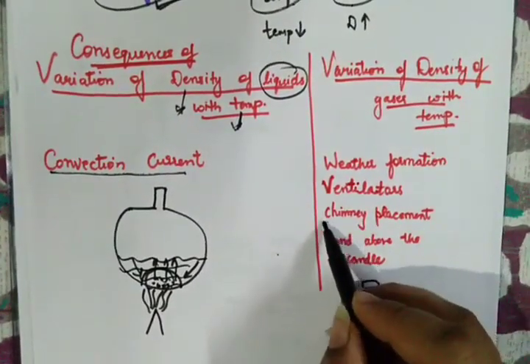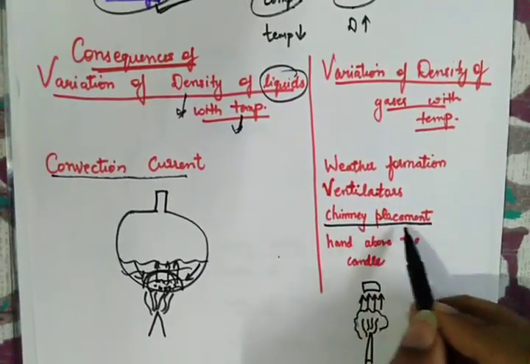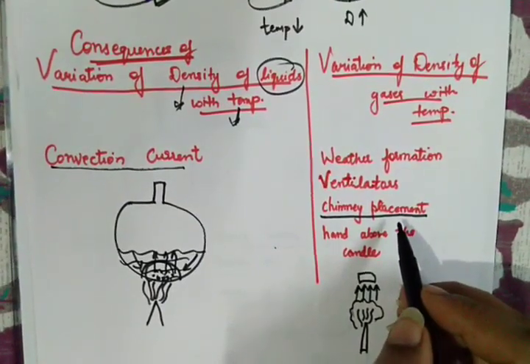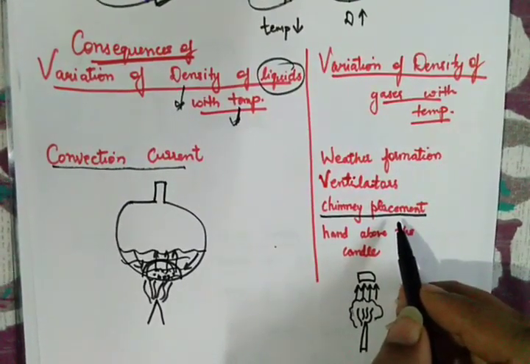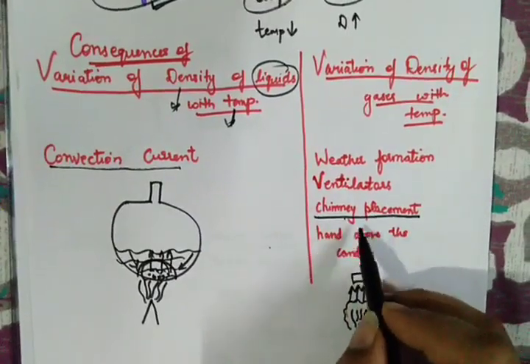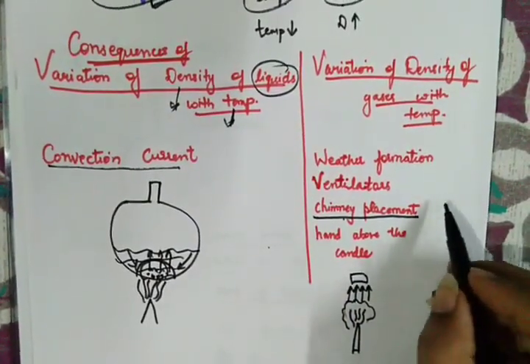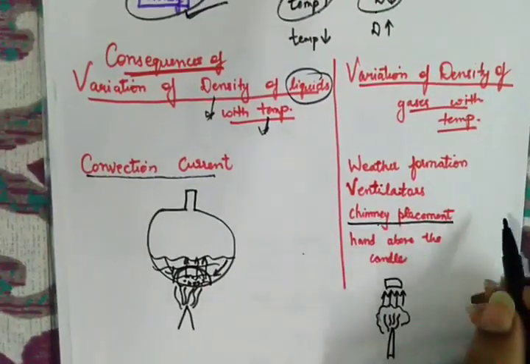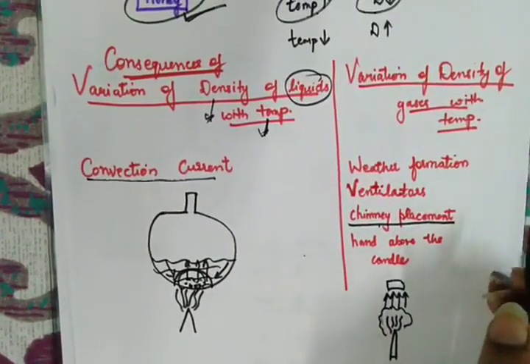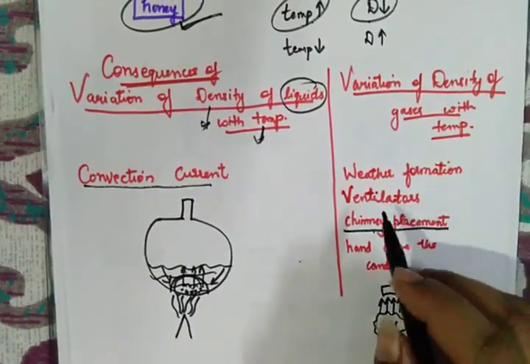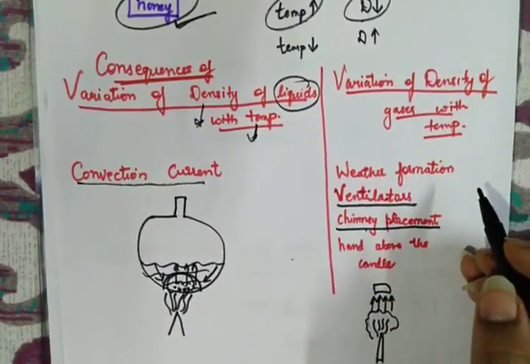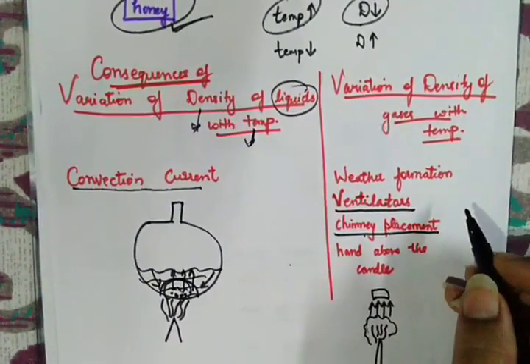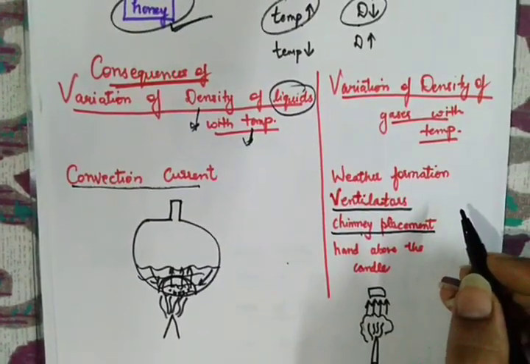For this reason only, when we are having our chimneys in the kitchen, it is always placed exactly above the gas stove. Where your gas stove is, and when you are cooking food, the chimney is placed exactly above it, so that the hot air coming while you are cooking the food can be thrown out of your kitchen and the temperature of the kitchen can be controlled. Similarly, we have ventilators also. The ventilators are always placed at a very good height, near about the roof.